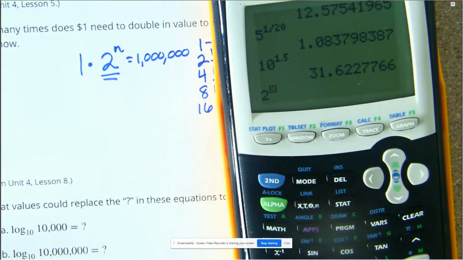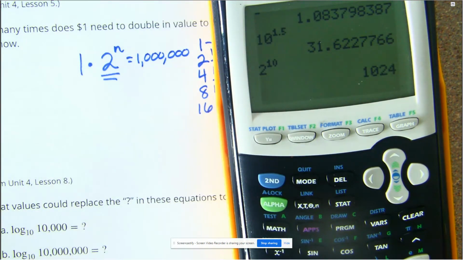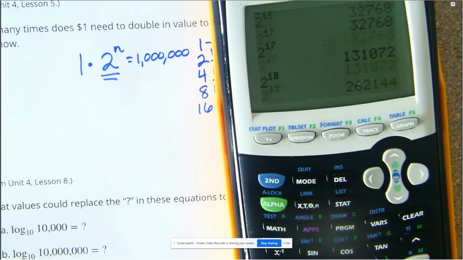Let's try 10. 2 to the 10th, I'm at 1,024. 2 to the 15th, I'm at 32,768. 2 to the 17th, 131,072. Getting closer. 2 to the 18th, 2 to the 19th, 2 to the 20th.